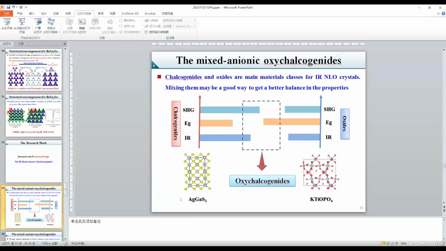And we also noticed that for infrared nonlinear optical materials, there are two main classes of materials. One is chalcogenides, the other is oxides. The chalcogenides can generate a larger SHG and have wide IR transmission, but the band gap is small. The situation is the opposite for the oxides, so we want to mix them together to balance the properties.